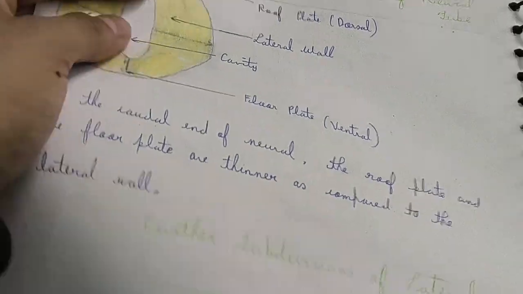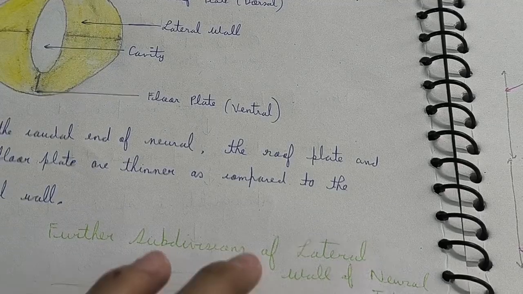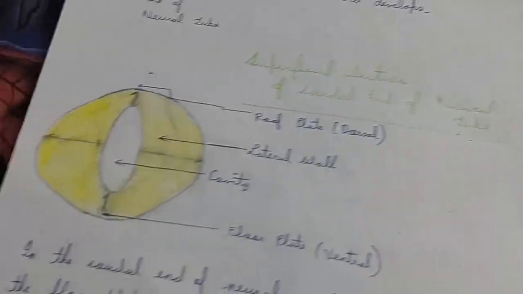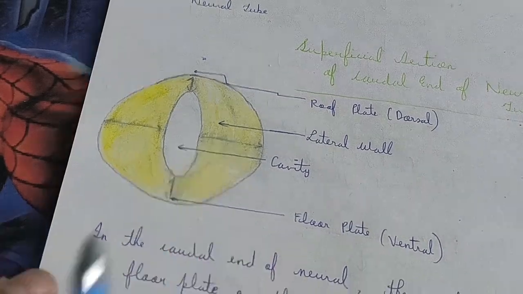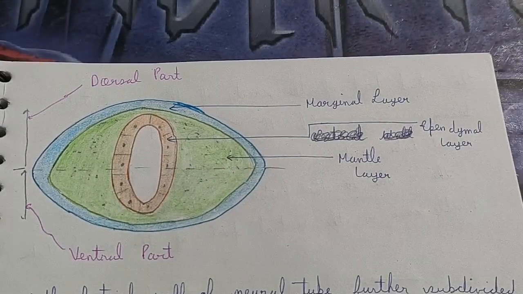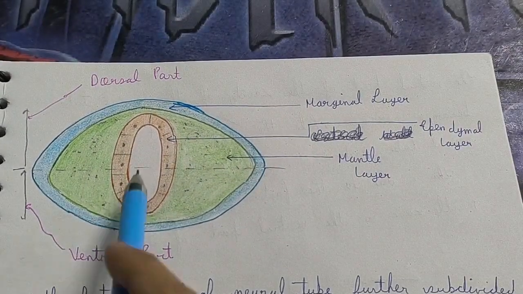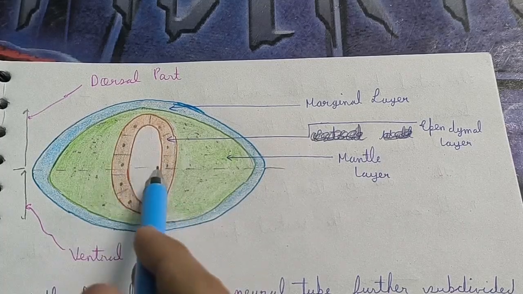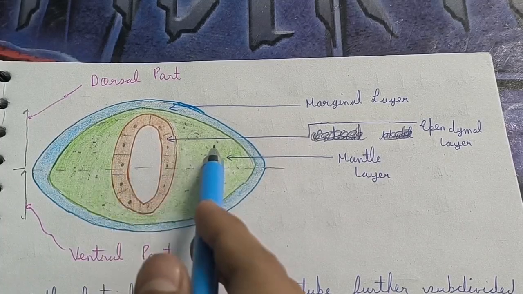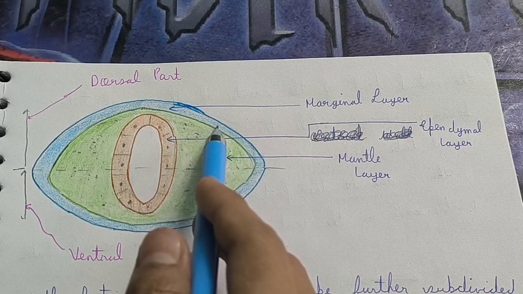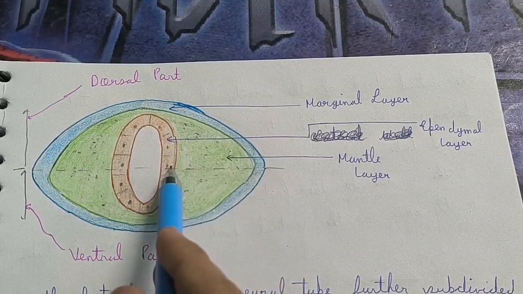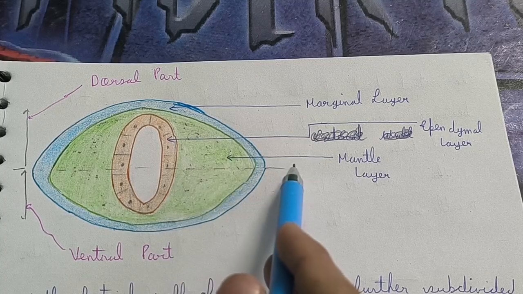Now here are further subdivisions of the lateral wall of the neural tube. This is the initial lateral wall, and it has been divided into three layers. The first layer, which is in contact with the lumen, is the ependymal layer, and the outermost one is the marginal layer, and between the outer and inner there is a middle layer, basically the mantle layer.